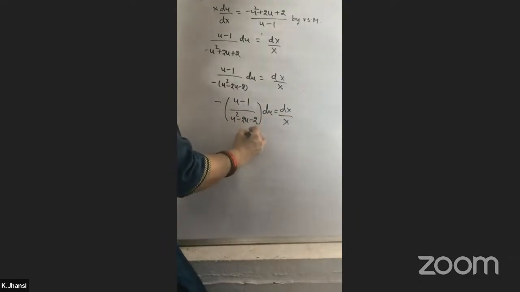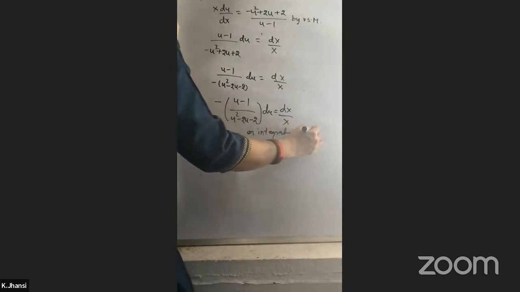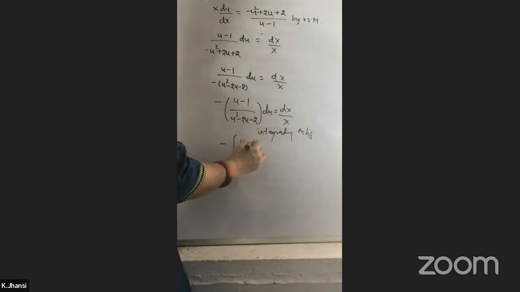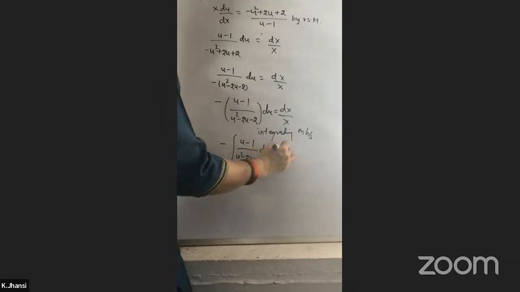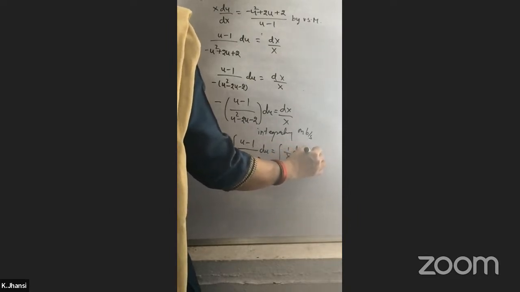Now on integrating on both sides. Integrating on both sides, minus you take outside, it is u minus 1 by u square minus 2u minus 2 into du is equal to integration of 1 by x into dx plus c. Okay.